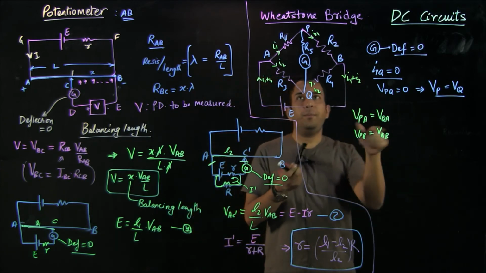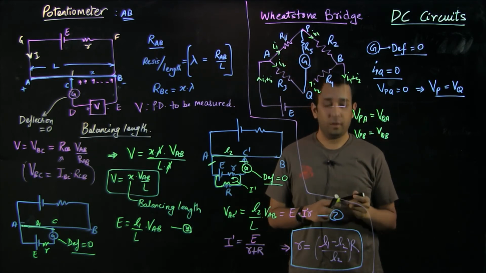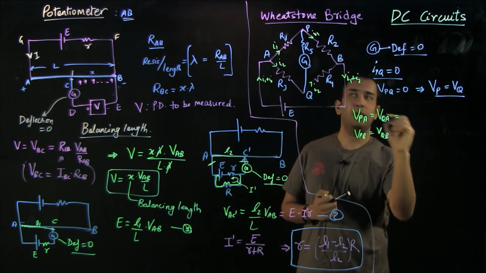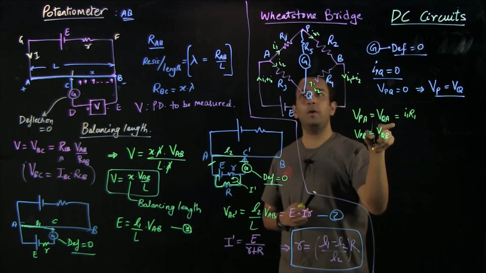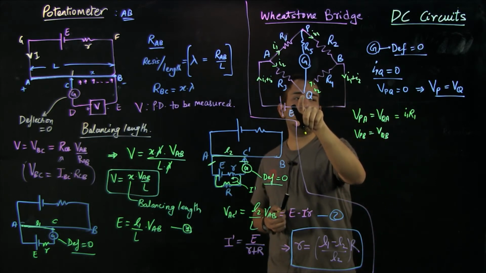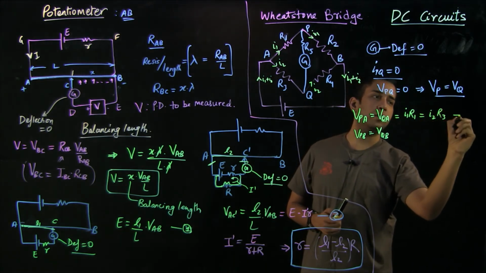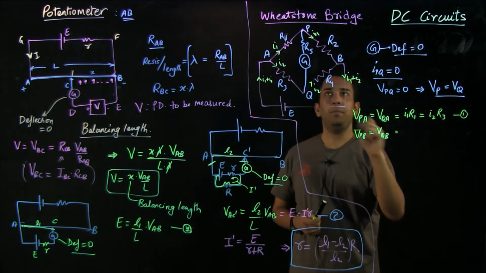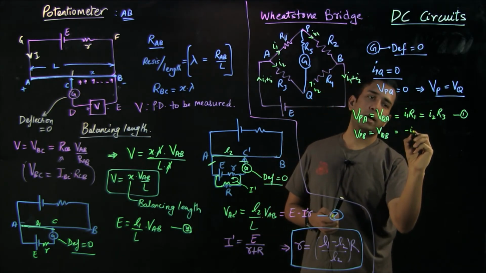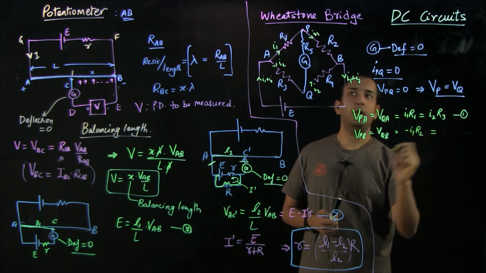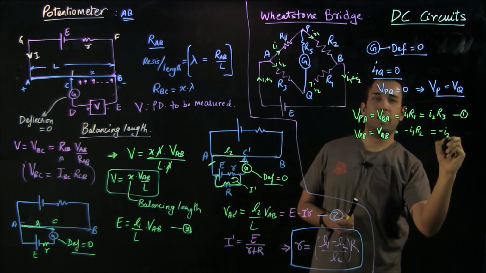So let us find out VPA. VPA, going from P to A, we are going in the direction opposite to the current, so it means that it's I1 R1. VQA, going from Q to A, is I2 R3. This is equation 1. VPB, going from P to B, is minus I1 R2, and similarly VQB, going from Q to B in the direction of the current, is minus I2 R4.